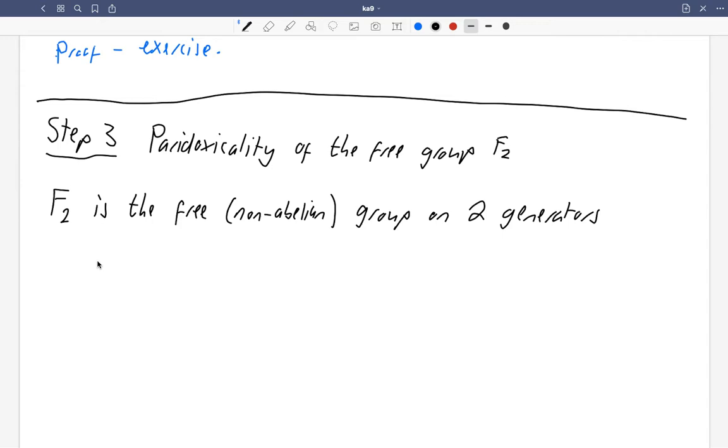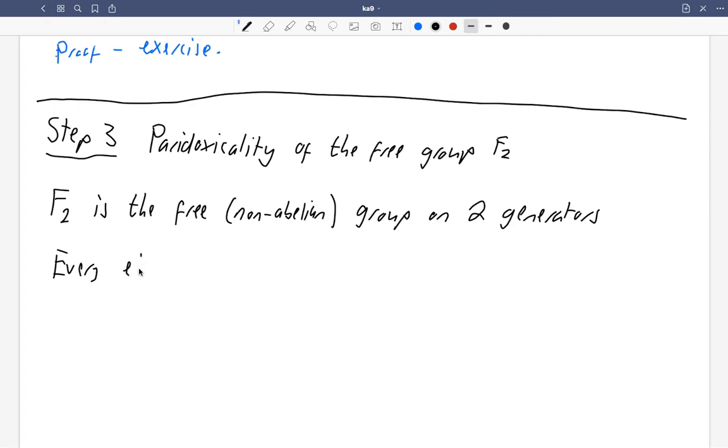And we need to be able to multiply all elements in a way that doesn't need to be commutative because it's the free non-abelian group, but of course it must still be a group, so you have to have inverses and they need to work properly. So the free group is easy to understand, the free group on two elements.